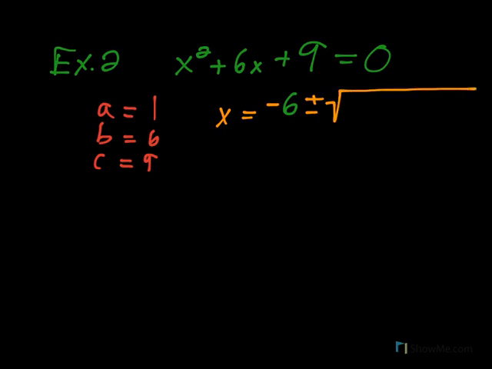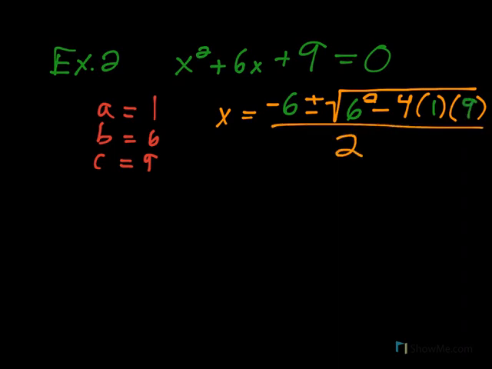Well, that's 6 squared, minus 4 times a times c. What is a? a is 1, c is 9, and then all over 2a. Remember, you don't have to memorize this formula, because you will have it in your formula sheet. All you need to know is how to use the formula.